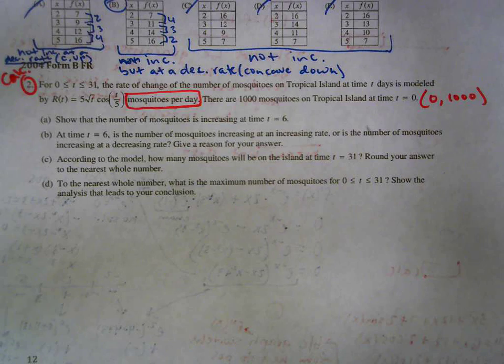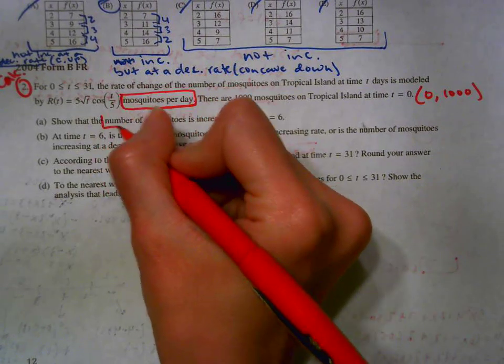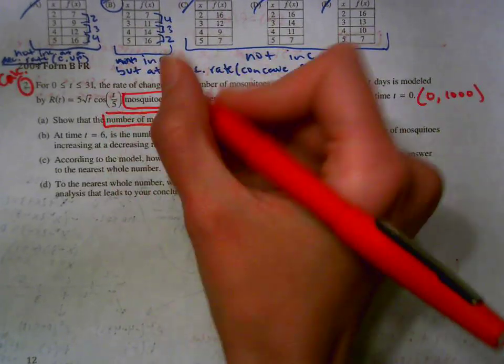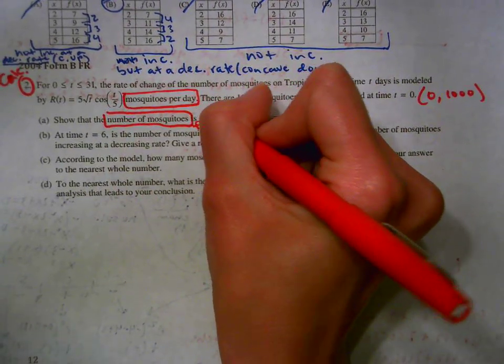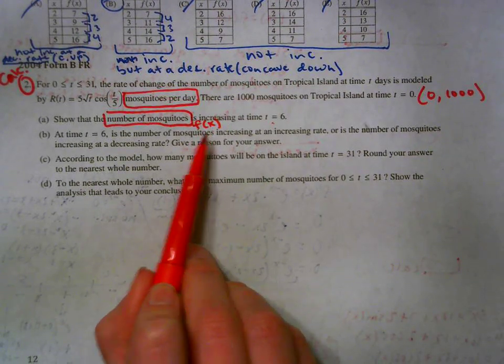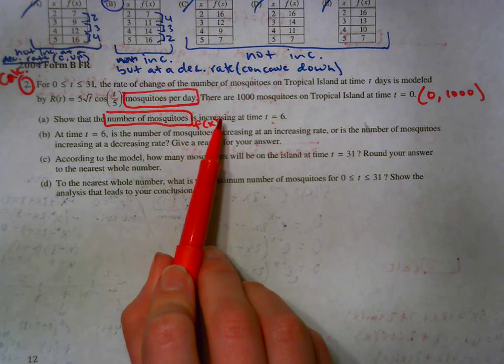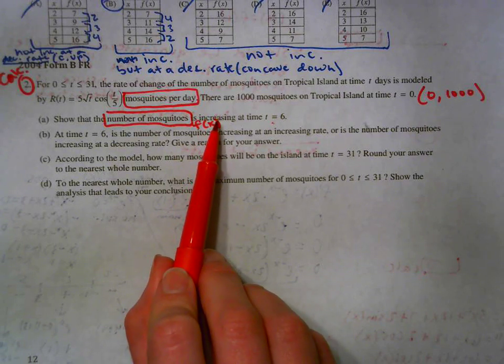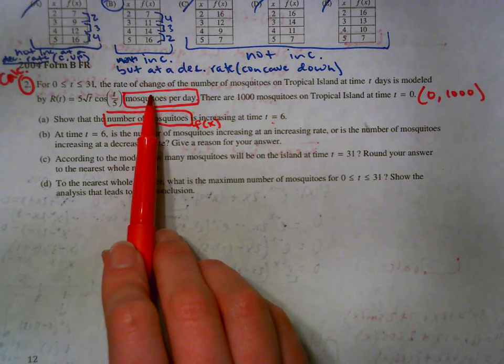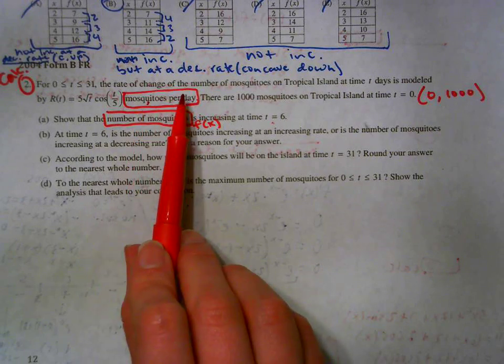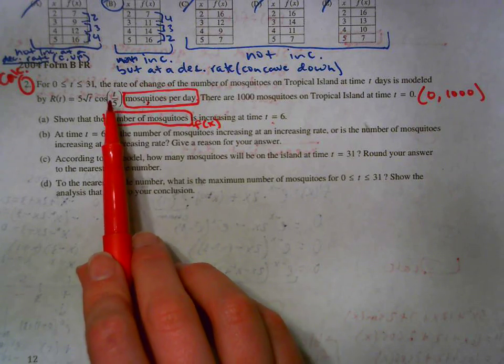So it says, show the number of mosquitoes is increasing at time equals 6. Notice this is just the number of mosquitoes, which is like your f of x. How do we know when f of x is increasing? Well, if the derivative, which is what they give you, mosquitoes per day, is positive at that point.